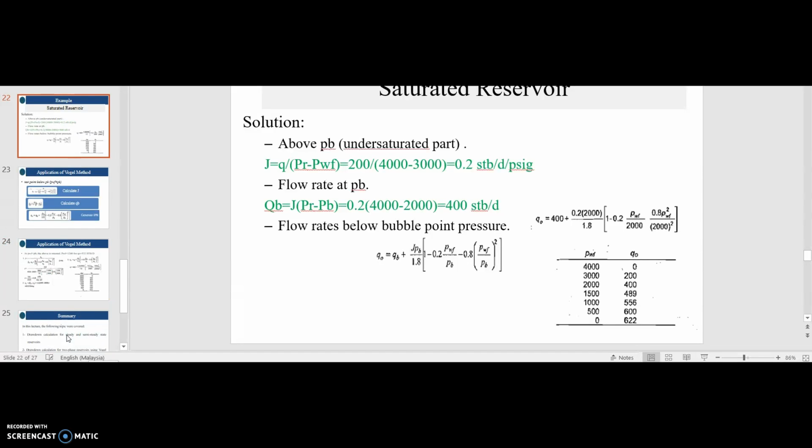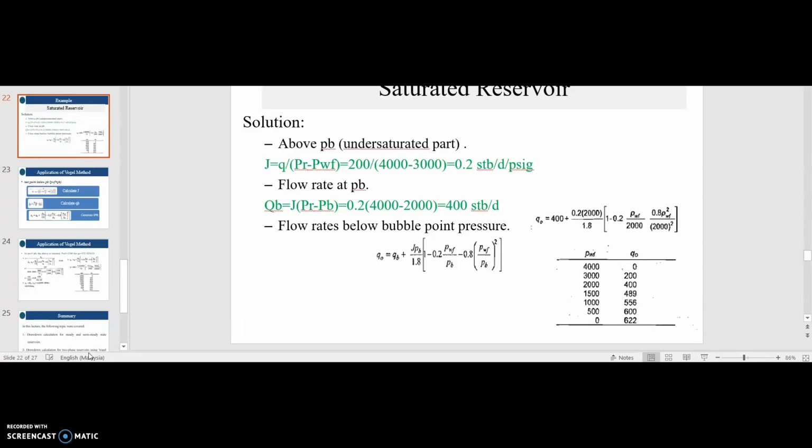Now every student is requested to solve a similar case to this one. Assume a reservoir that is originally undersaturated, and the test point is given in the undersaturated range of the reservoir.